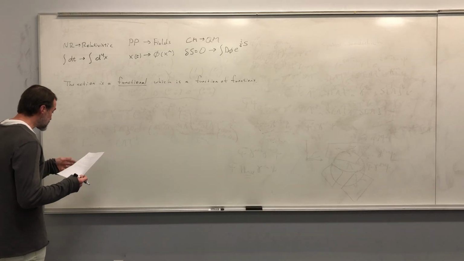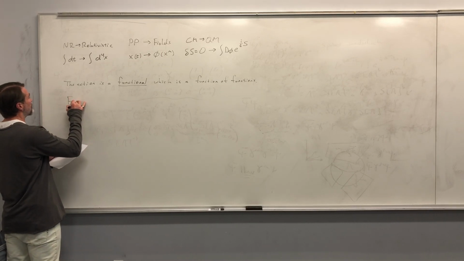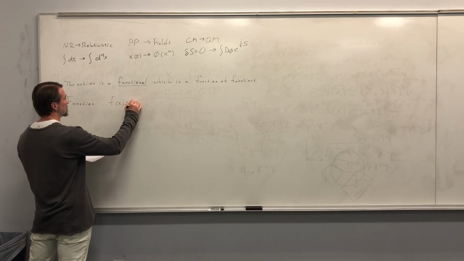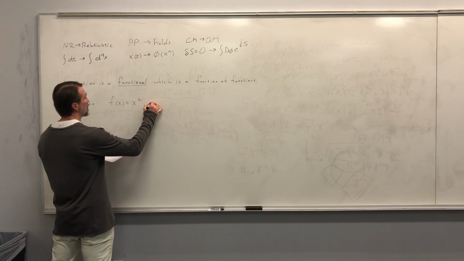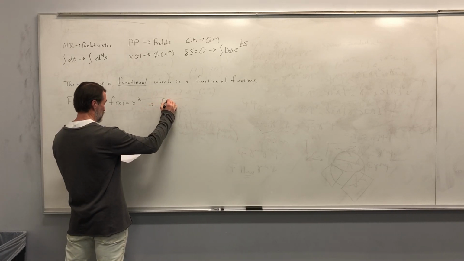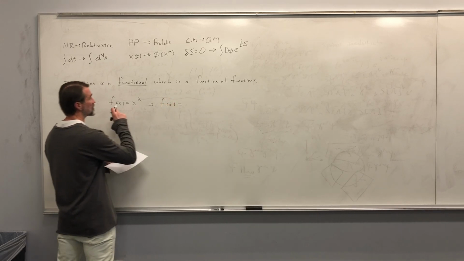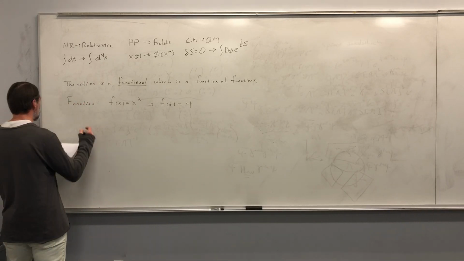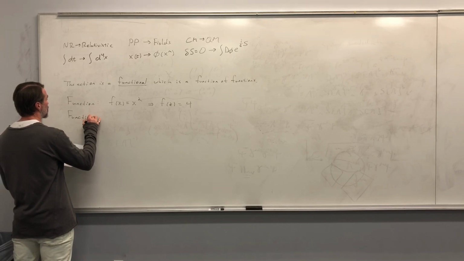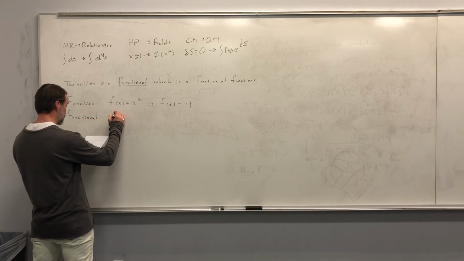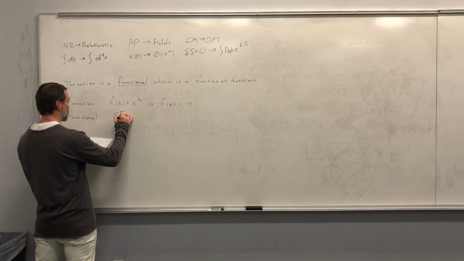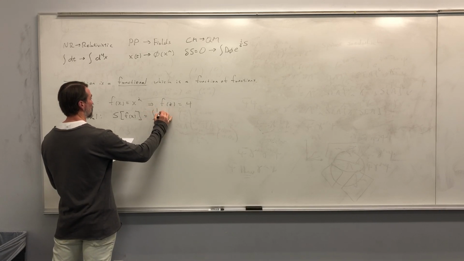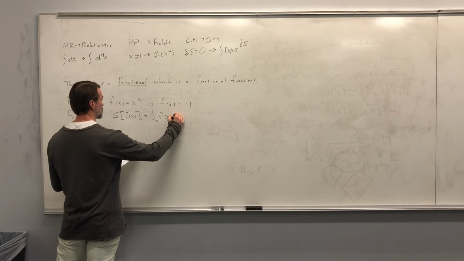That's fine. Okay, so for example, if we take a function, I have a function of x, that's x squared, and then if you give me a value of x, say 2, then the function gives me back a number. Whereas a functional might be something like: the functional of f of x is defined as the integral from 0 to 1 of f of x dx.